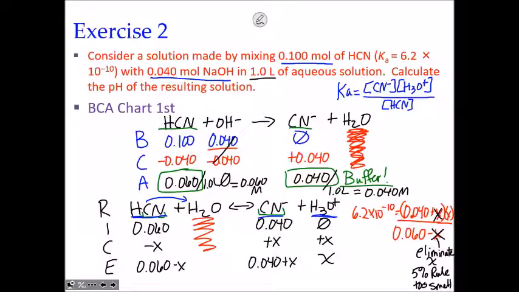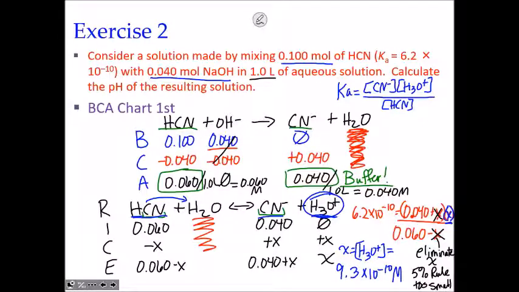So when we do our calculation here now, we will just do the 0.060 and the 0.040, and then you leave this x up here intact. The other x, that one is the one that matters, that counts. So after calculating this, our x, which happens to be our hydronium, the concentration that we need to figure out the pH, is going to be 9.3 times 10 to the minus 10 molar.